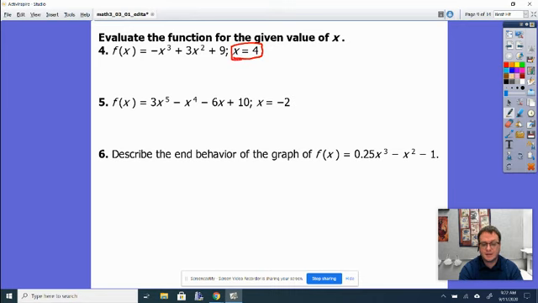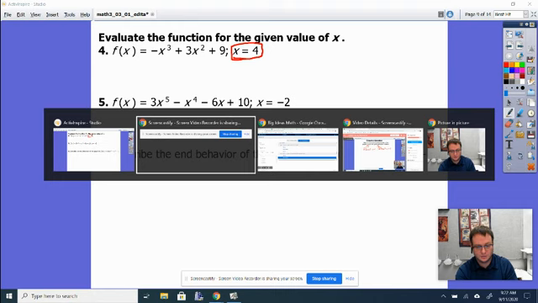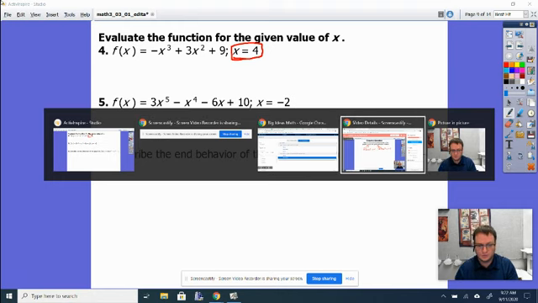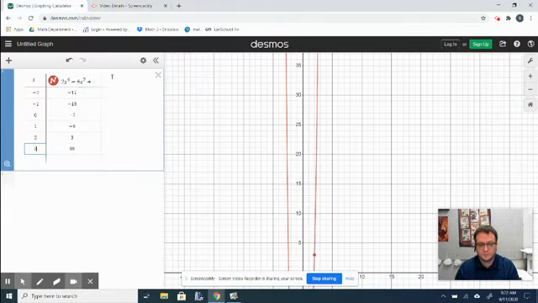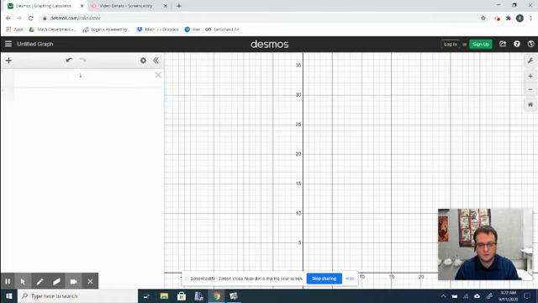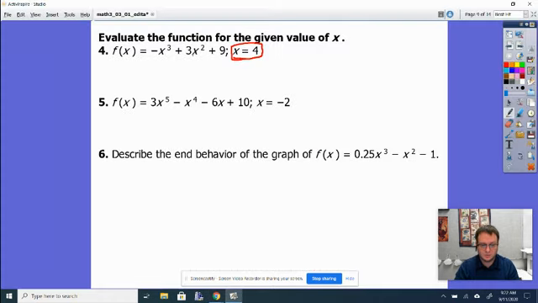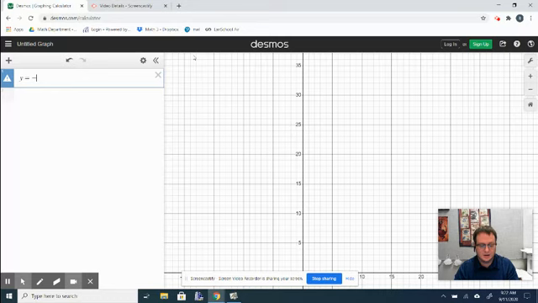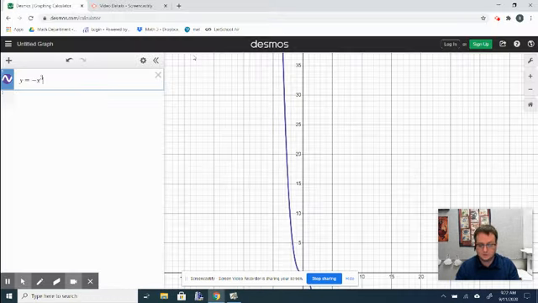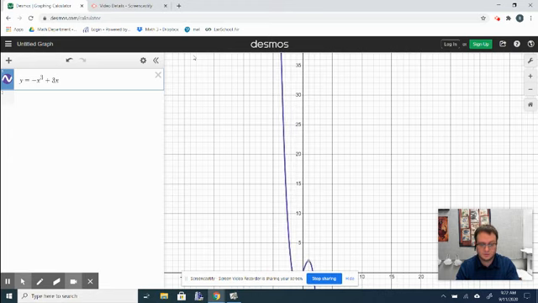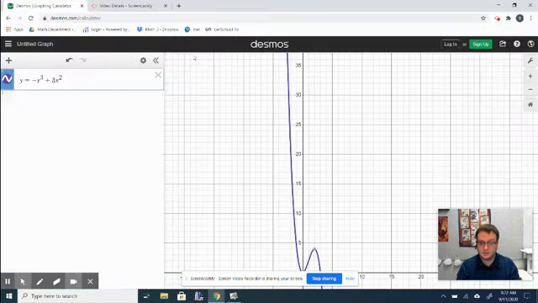Okay, so quick rehash of looking at evaluating. Again, on these, just take them, throw them in Desmos. Let Desmos do the work for you. You got y equals, or f of x, it'll do the same thing, negative x cubed plus 3x squared plus 9.